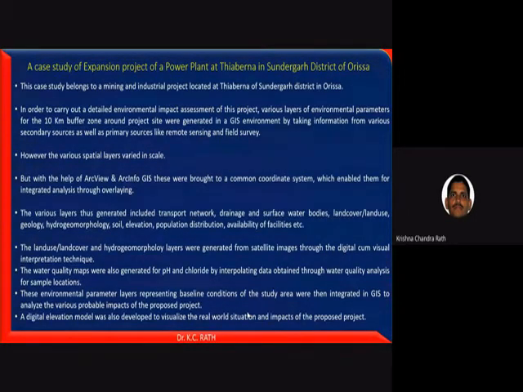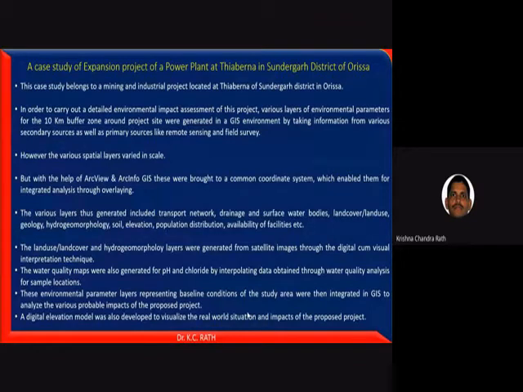I'll show you the diagram. By taking information from various secondary sources as well as primary sources like remote sensing and field survey, the land use, land cover, and hydrogeomorphology layers were generated from satellite images through the digital cum visual interpretation technique.